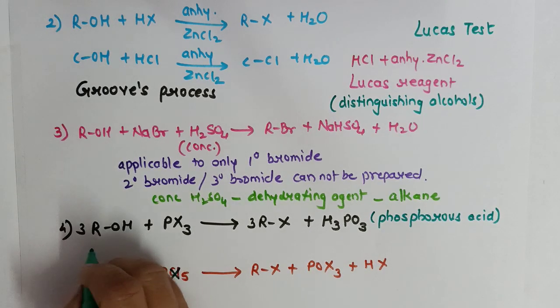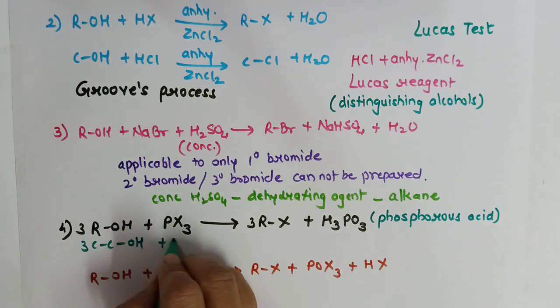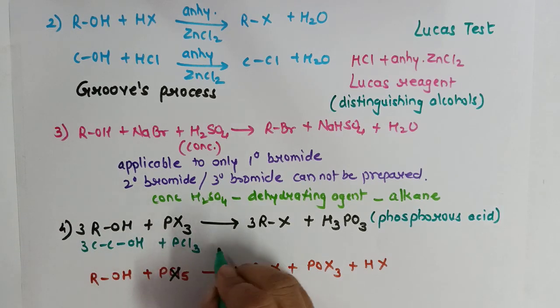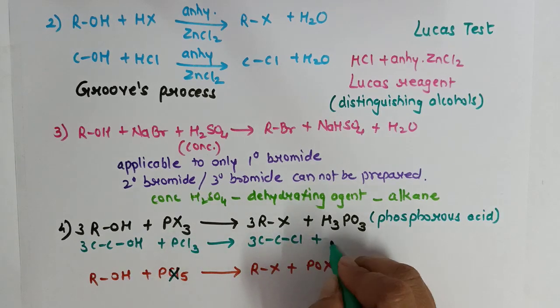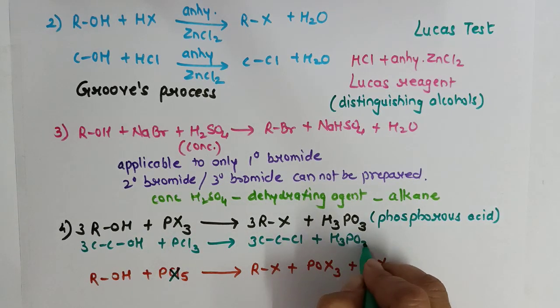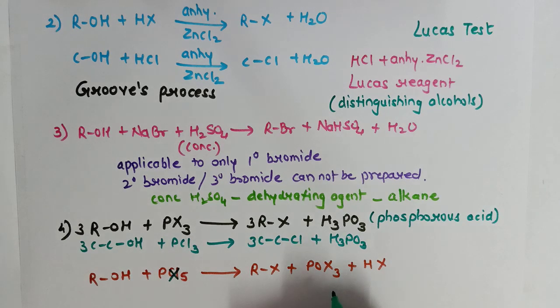Let us take one example. Ethanol, when treated with phosphorus trichloride, will give chloroethane and phosphorus acid. Whereas alcohol, if it is treated with phosphorus pentahalide, we will get haloalkane along with phosphorus oxychloride.